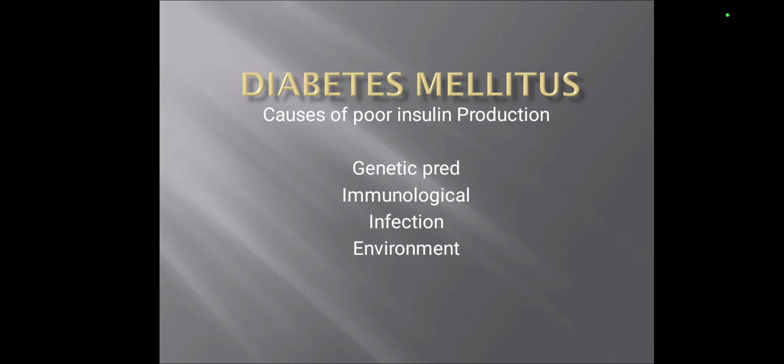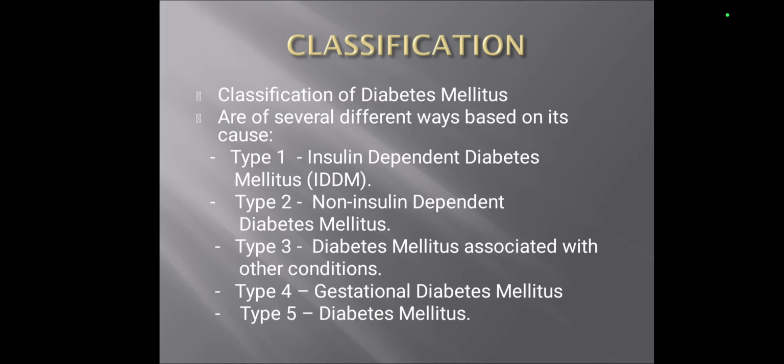Causes of poor insulin production include genetic, immunological, infection, and environmental factors. Then the classification. This classification is based on its cause. Type 1 is insulin dependent diabetes mellitus. This one has to do with secretion; there's a problem in secreting insulin.